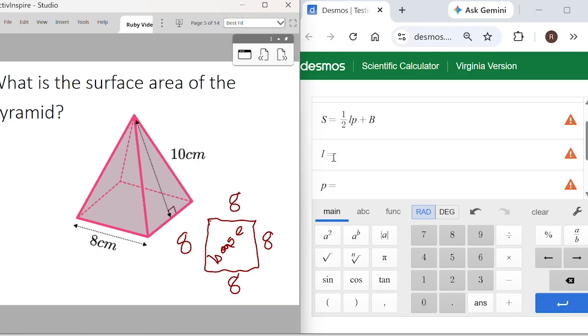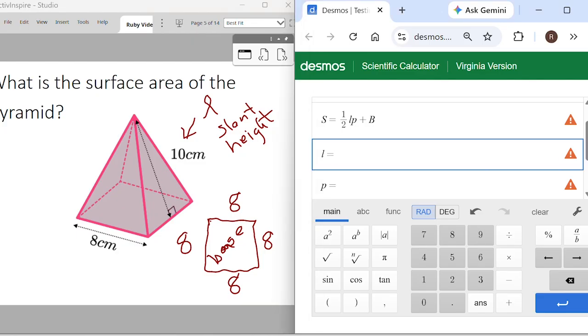Now, L right here is the slant height. It goes by L, but it's called slant height. And that's right here across the side. I think they called it L because a lizard could crawl all the way up the side of that pyramid. So let's go ahead and put the L in, which is 10.